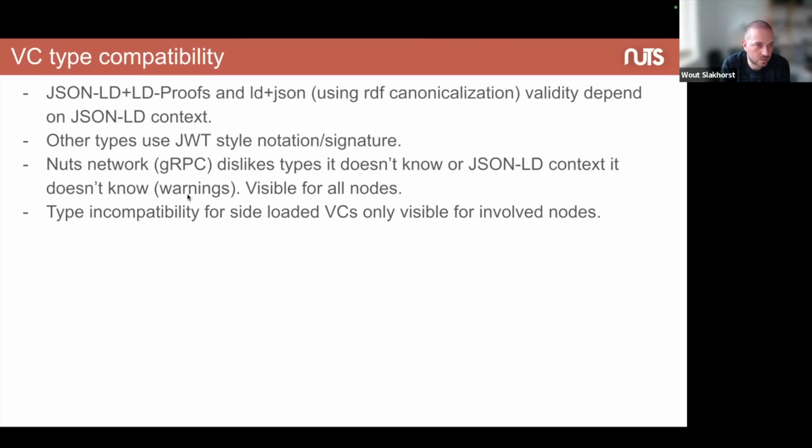So if there's anything wrong, it only generates warnings or errors if they are credentials that concern your node. Things that happen to other nodes, you won't get any warnings and errors for those credentials.